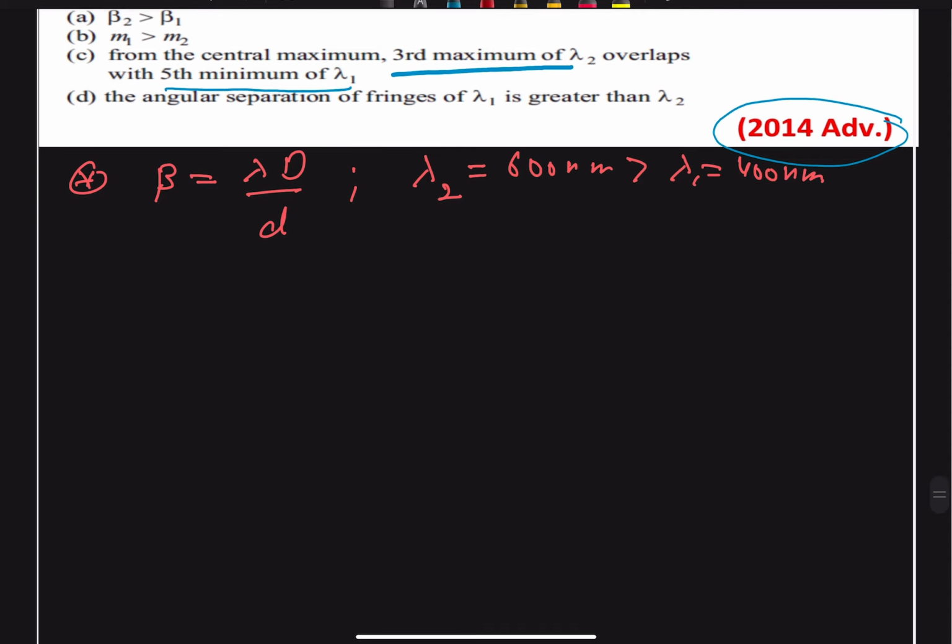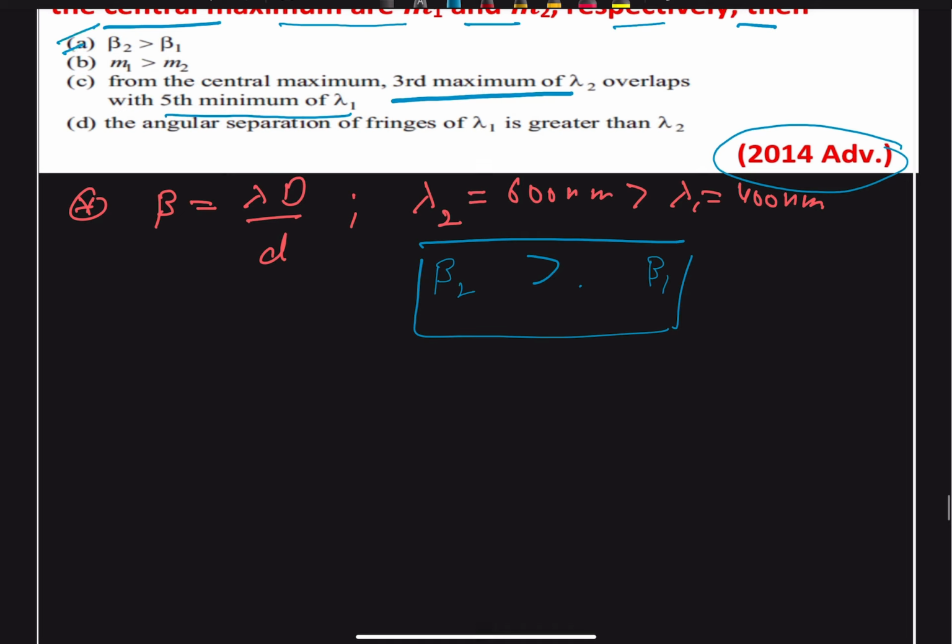So lambda 2 corresponds to beta 2 and lambda 1 corresponds to beta 1. Therefore beta 1 is less than beta 2, so option A is correct. That was quite straightforward. Option A is correct.